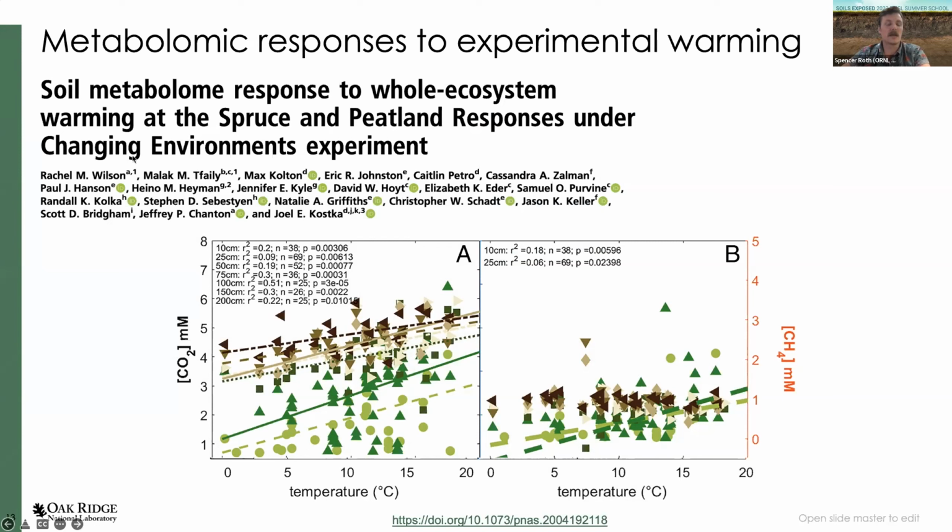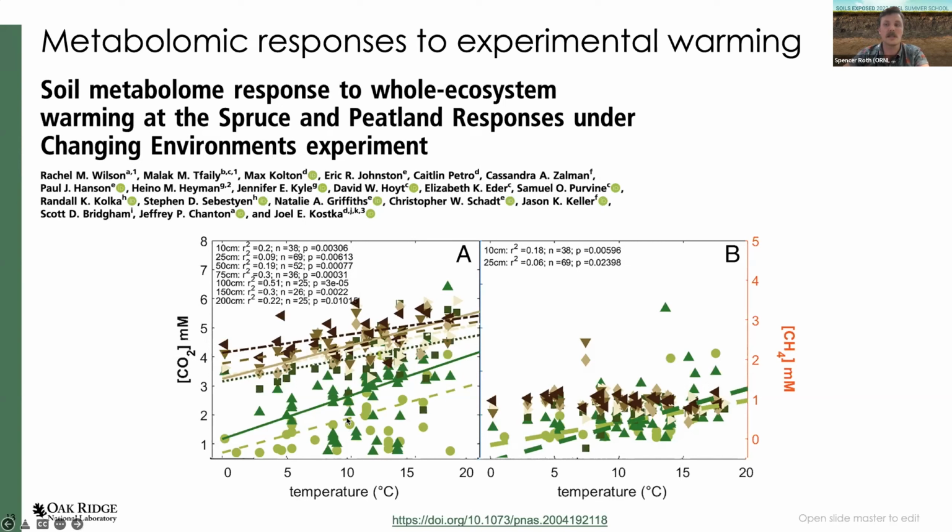They highlight the metabolome, but also included metaproteomics and metagenomics in this data set. I'm going to highlight a few of the key results from this, but I've also linked to this paper at the bottom of the slide in case you're interested in looking further, because there's a wealth of data that went into this manuscript and analysis.